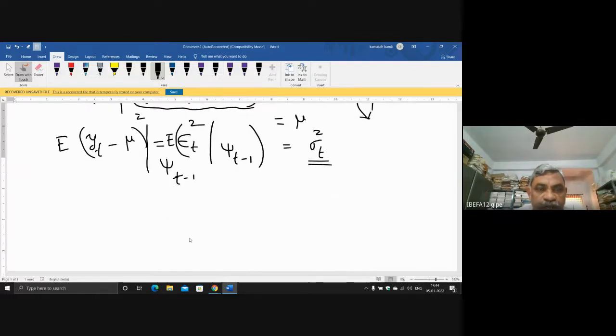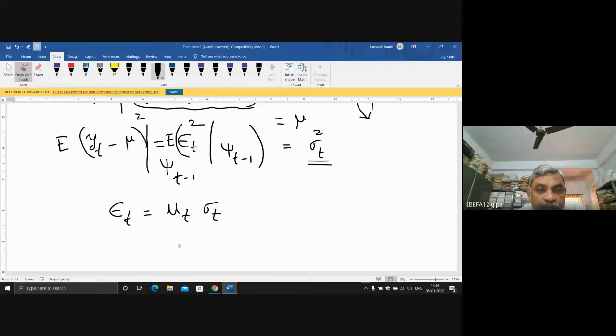So please note that the variance of yt is the same as the variance of epsilon t, which is nothing but its innovation. But in ARCH formulations, we make another important implicit assumption, that is, epsilon t equals ut times sigma t.